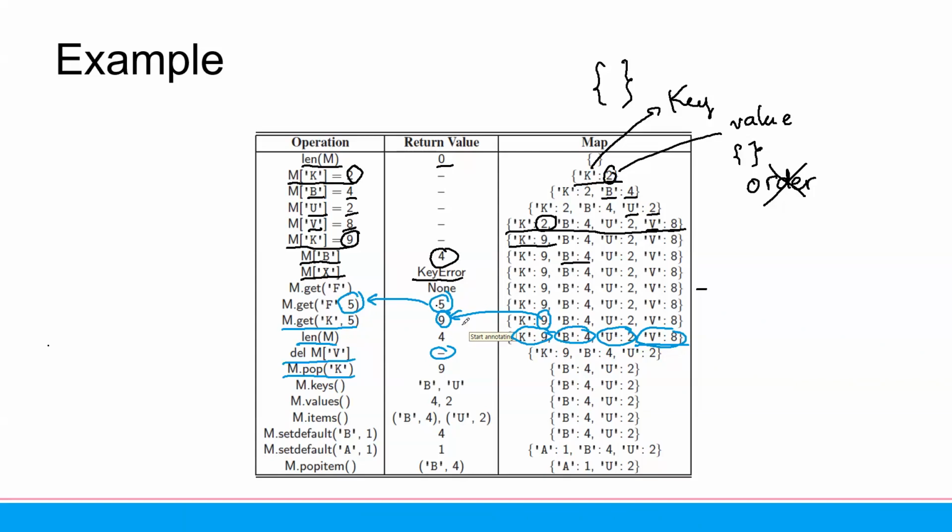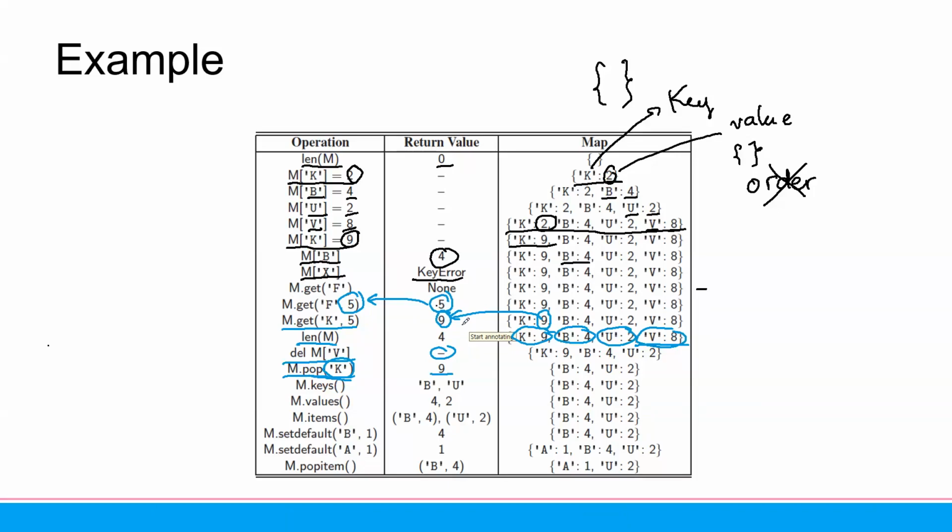But if I do pop, it is almost similar to the stack, push and pop. So I want to remove, but which one? I'm using this one. The parameter equals k. So I want to remove k. K will be removed and we will return the value, which is 9.